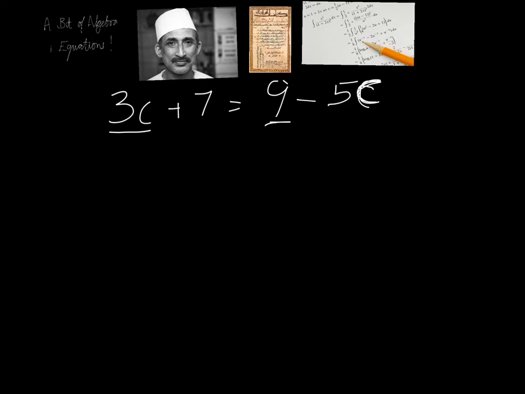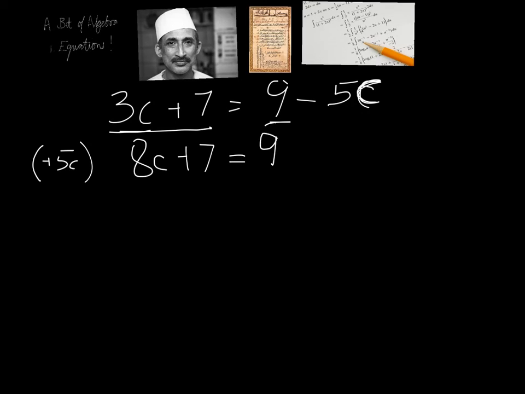So what we're going to do first of all is add 5c to both sides. I've already got 3c. If I add 5 more c, I'm going to get 8c. And I still have my plus 7. And that equals 9.